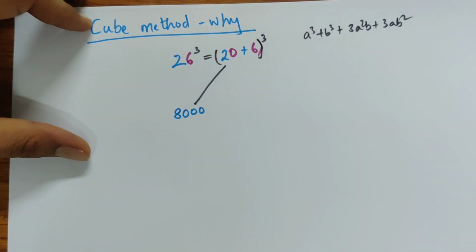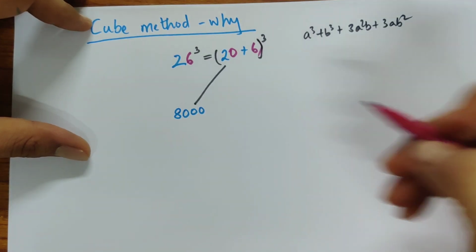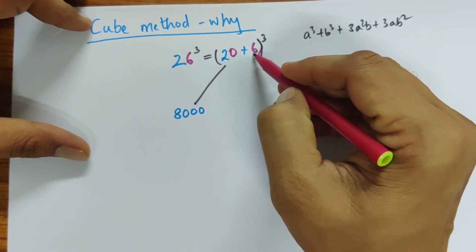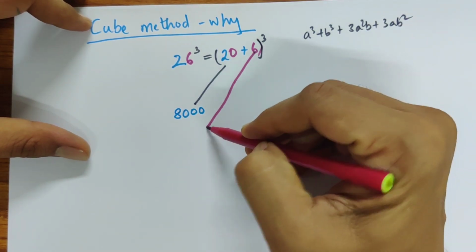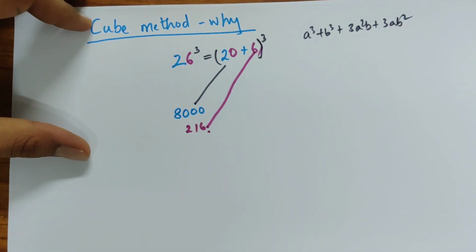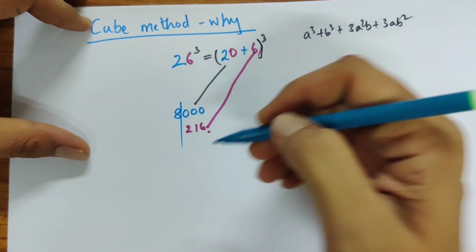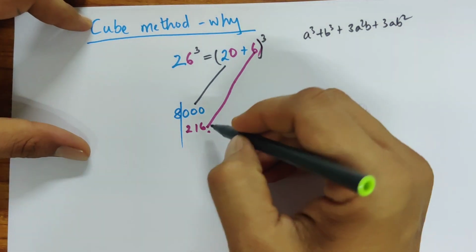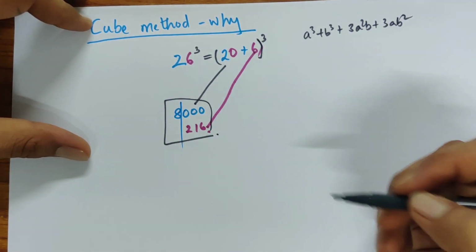So this is the expression we are using. That's a cube and b cube, 6 cube is 216. As you can see, there will never be an overlap between a cube and b cube, and you can always just write them together.